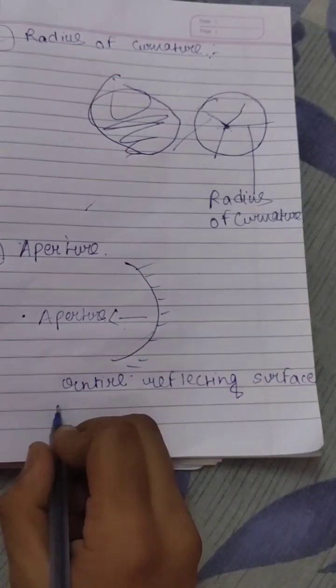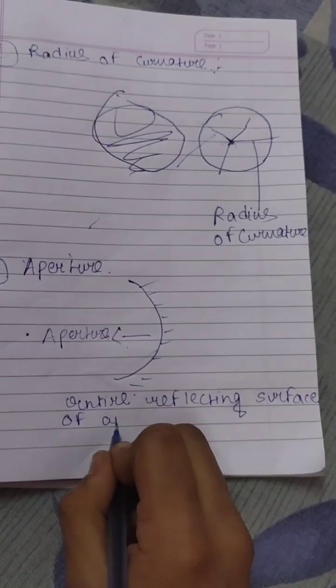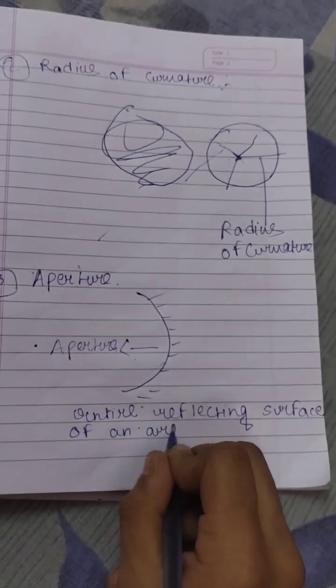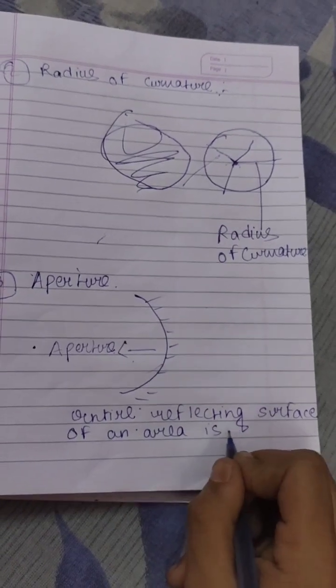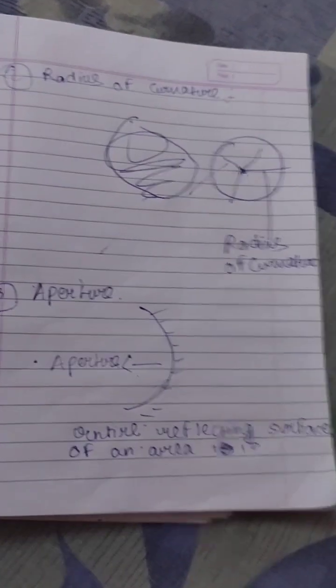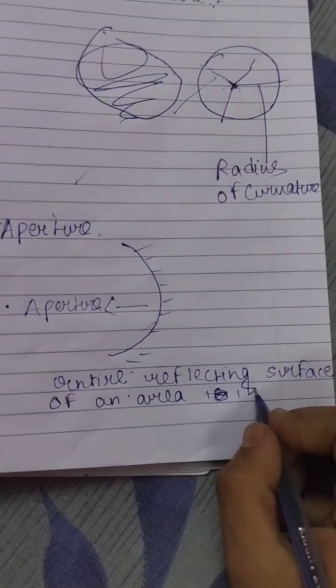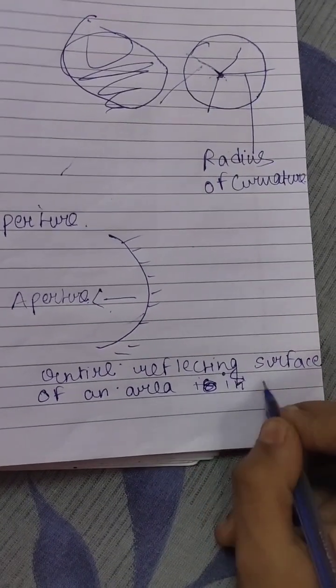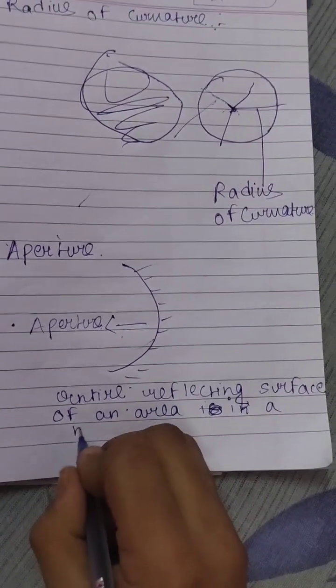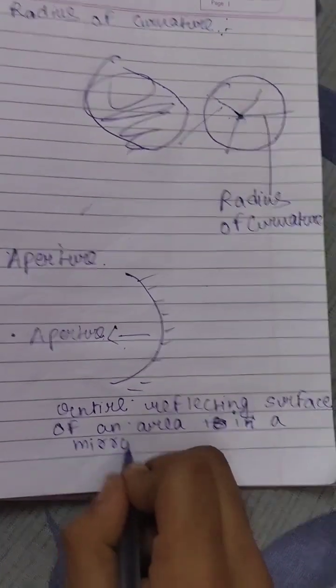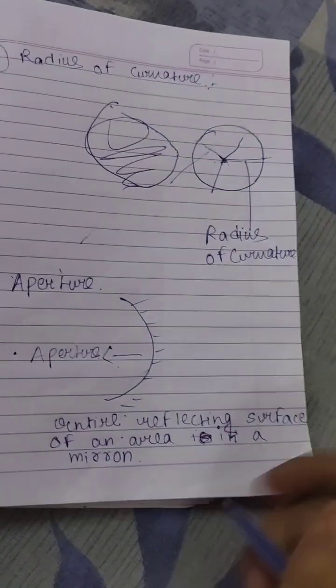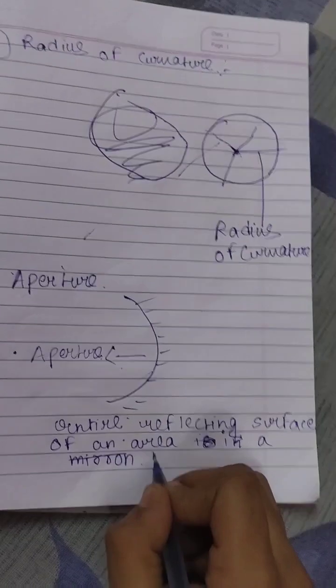Okay, so we have learned the 3 components of a mirror.